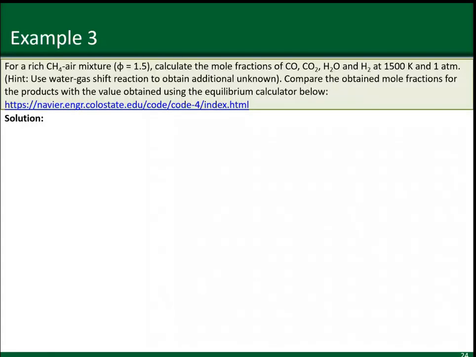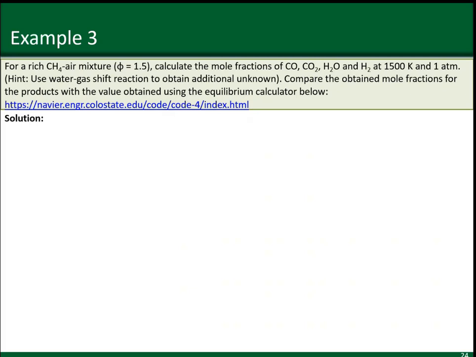So we have been looking at different ways in which we can come up with the equilibrium composition for different reactions of interest, be it combustion or be it steam methane reforming, like one of the problems that you will solve in your homework. Now, what we want to do here is to show you the general overview of how to solve such kind of problems and compare our results with the results of an equilibrium calculator available on the link below.